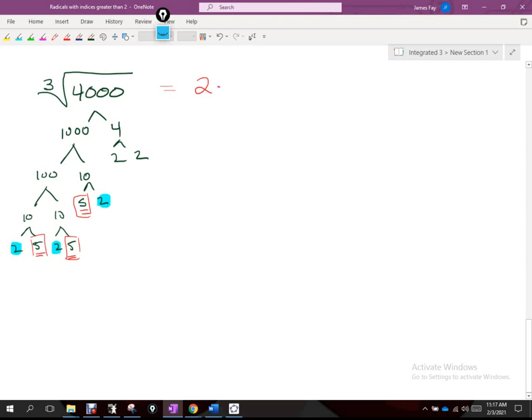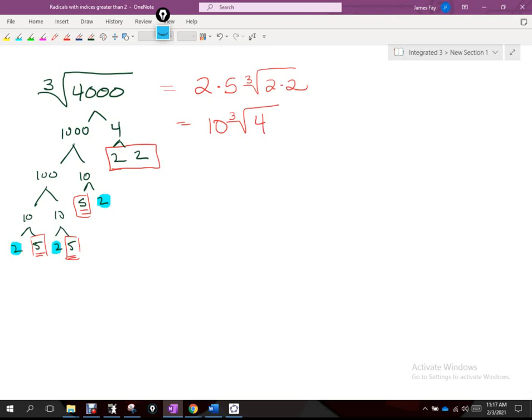So that can come out. In these 2's, do they have a group to go with? No, so they stay underneath as 2 times 2, right? So we get 10 times the cube root of 4.